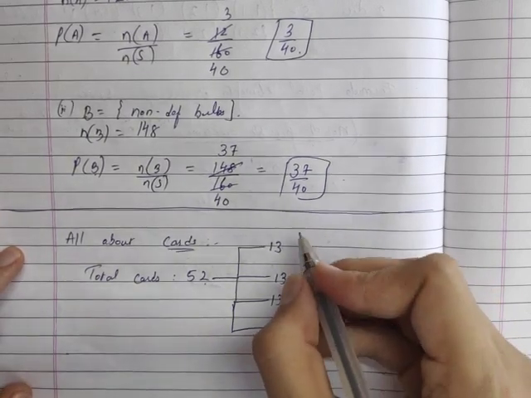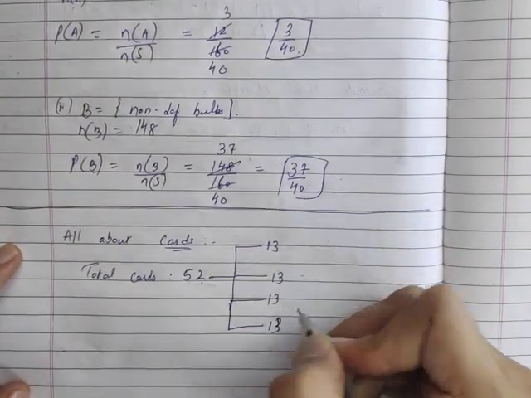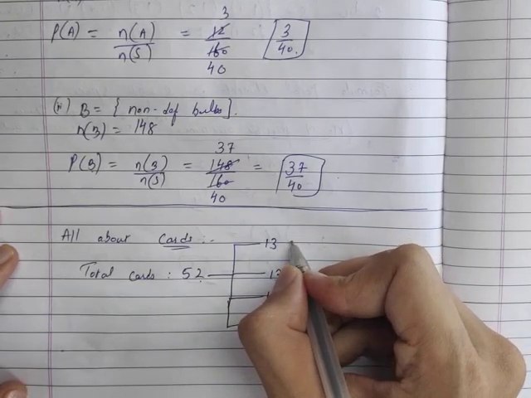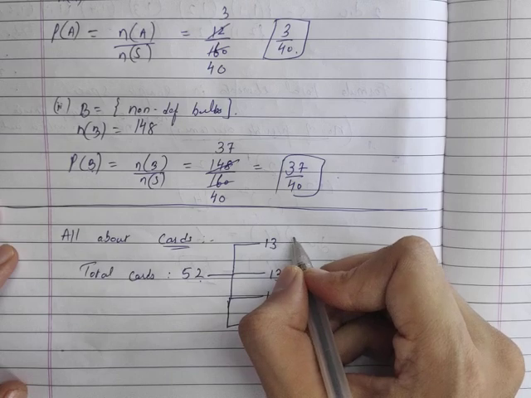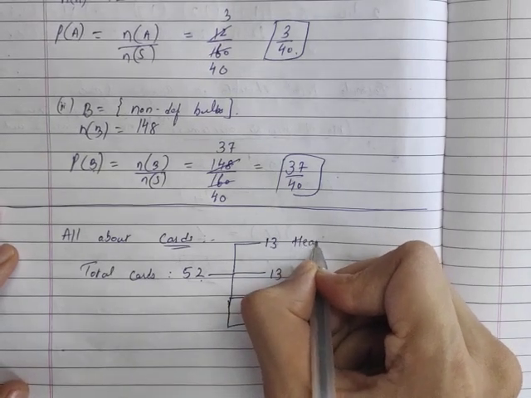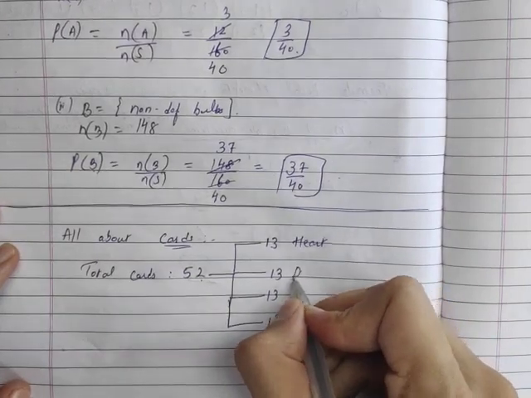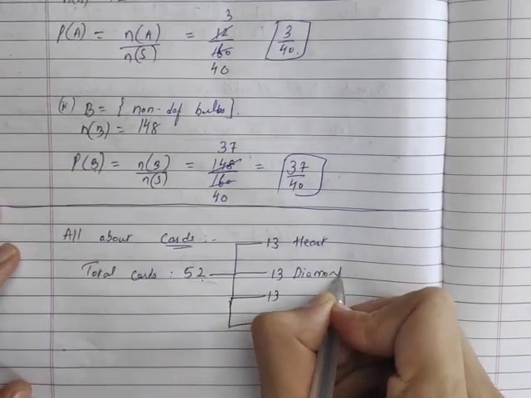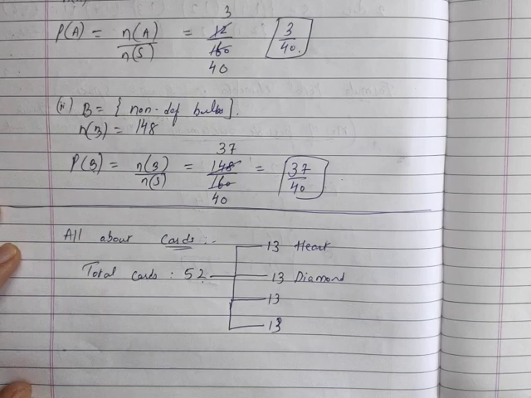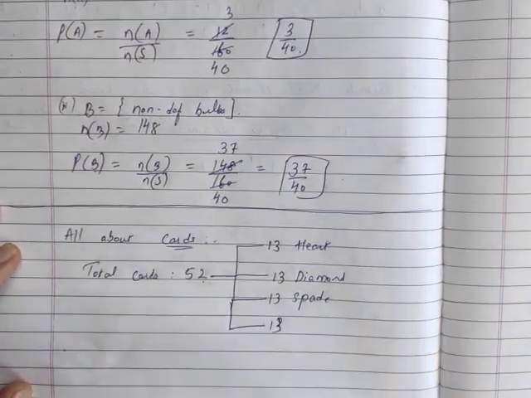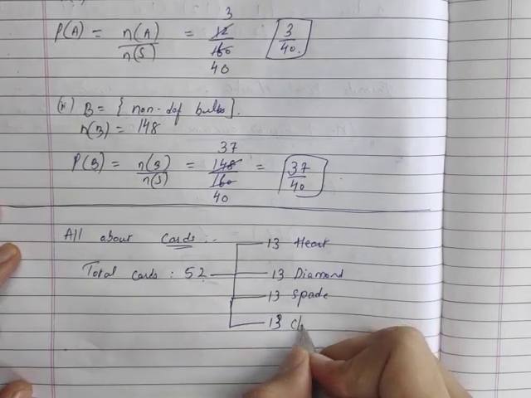Okay. What are these 4 sets? You must have seen one kind of set as heart. Have you seen the heart wala card? Similarly, you must have seen the diamond wala set. Then there is something called the spade wala set, and the last one is called the club wala set.